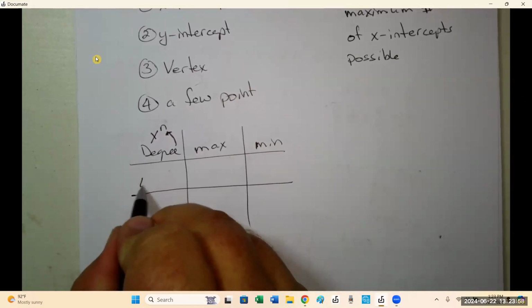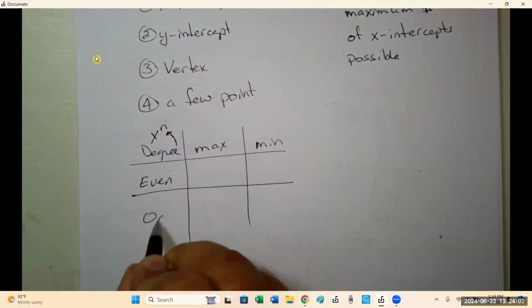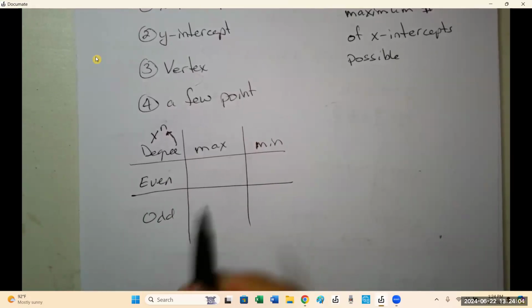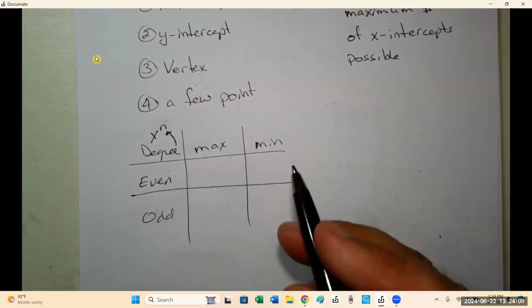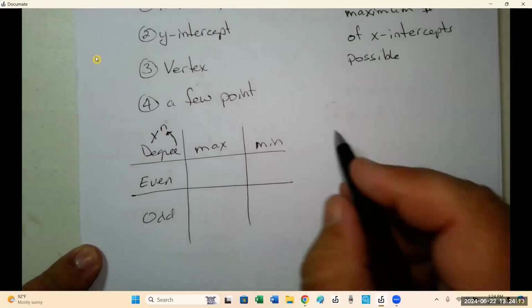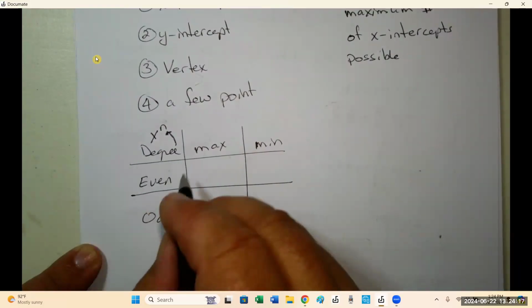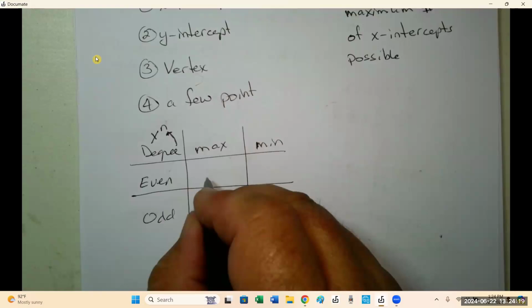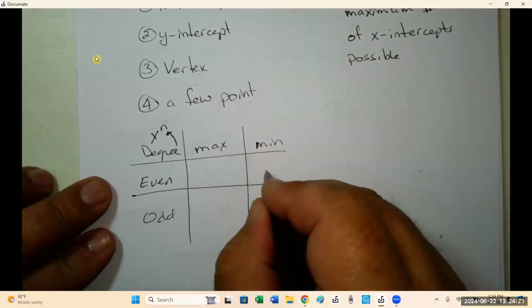The degree is either even or odd. If it's even, remember, the graph will point up. So we're going to have a minimum function.